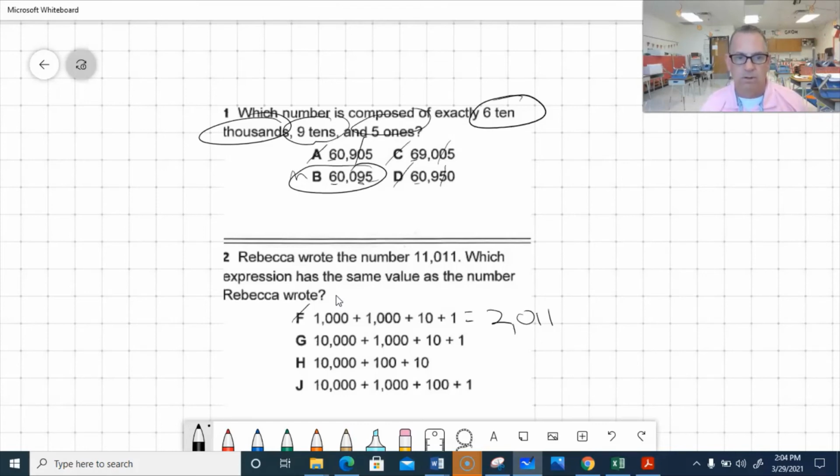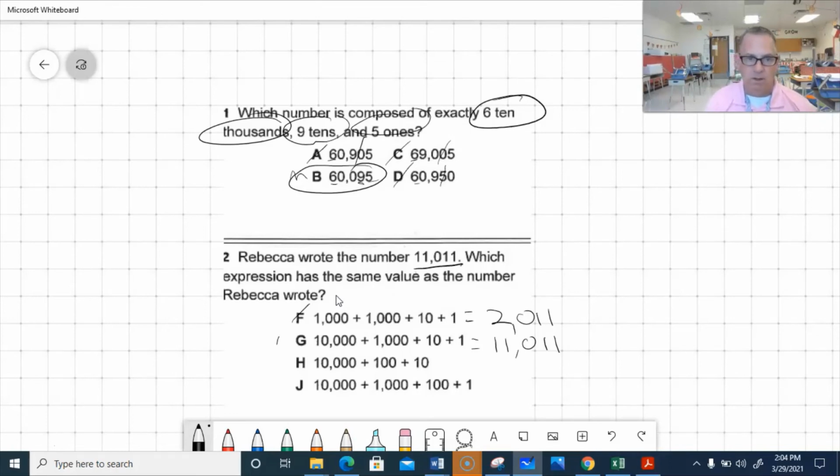What is the value of answer choice G? I see 110,000. I see 1,000. I see 0 tens, 0 hundreds, 110, and 1. So that looks like that may be the one that matches.